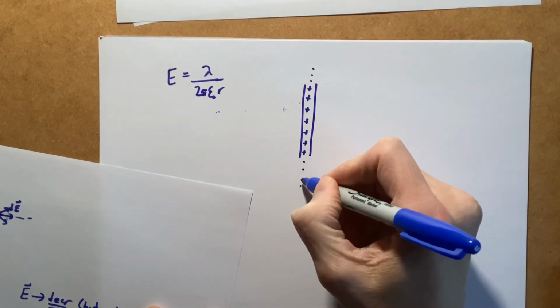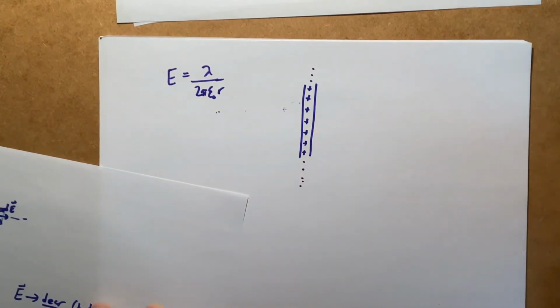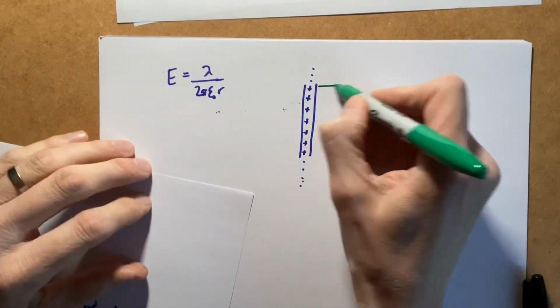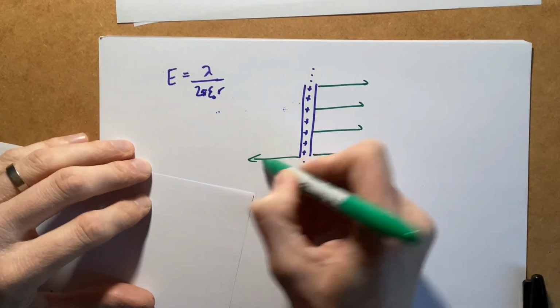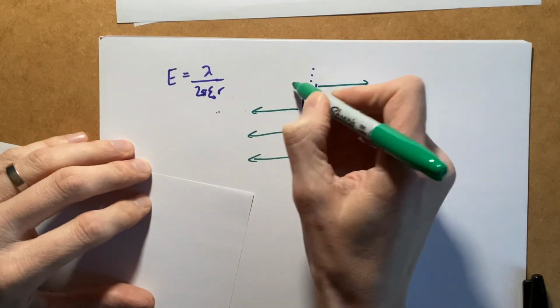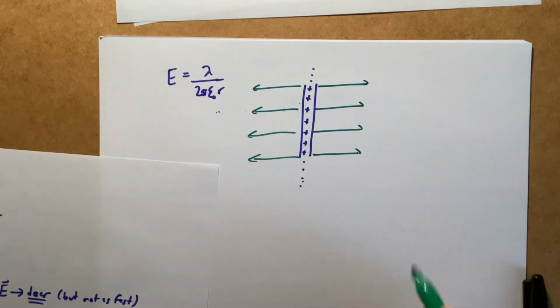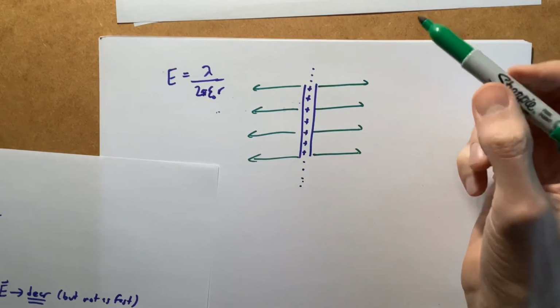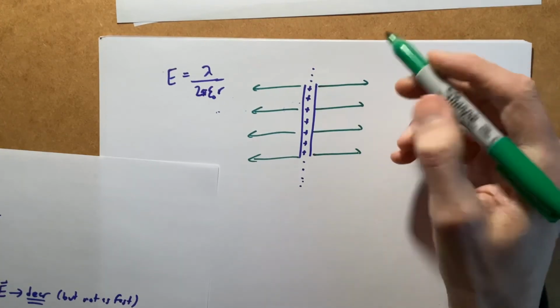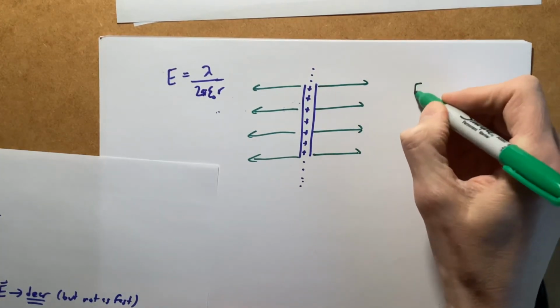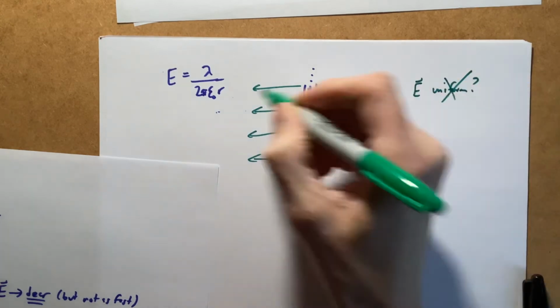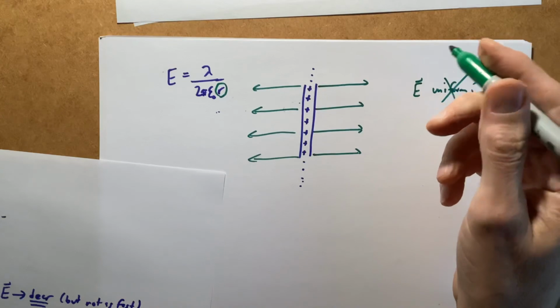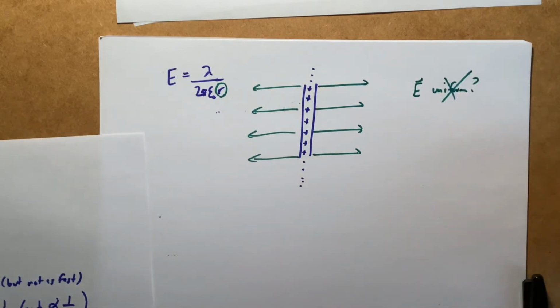Well, since any point has as much claim to be the perpendicular bisector as any other, the electric field just goes out like this. Just points away, like so. Now, this may give you the false impression the electric field line spacing doesn't look like it changes. So it may look like the electric field is uniform. Of course it's not. It does die. We're just not seeing it because we need to look from a different perspective.